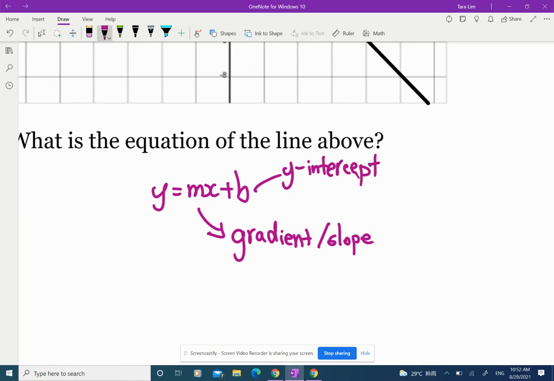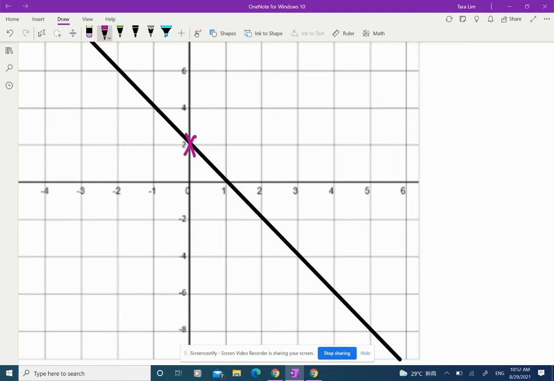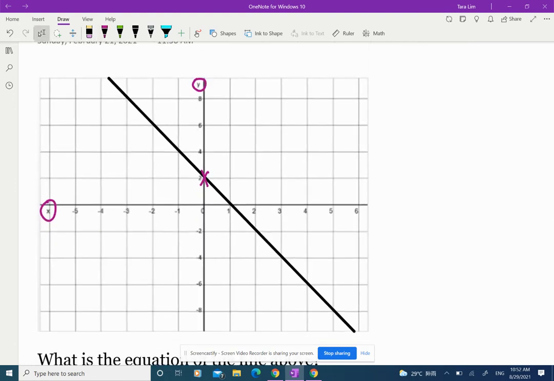So the y-intercept, in this picture, you can already see what it is. We know the y-axis is this, and we want to know what is intercepting the y-axis. So here we can see this. I plotted this because the line intercepted the y-axis.